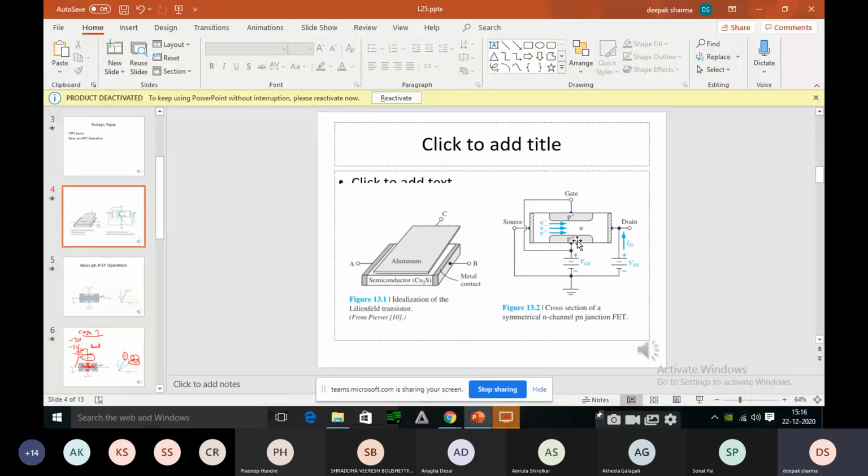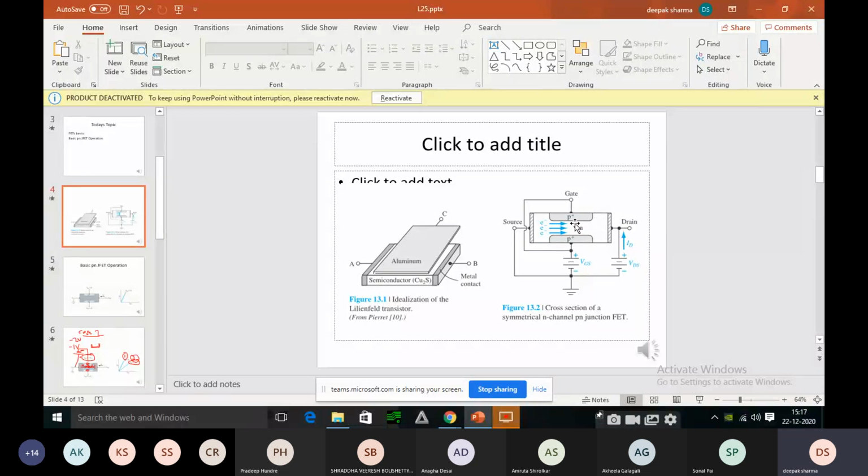If the question is reversed, they may ask you P-channel JFET also. Then everything will be swapped. Swapped means we had taken N-type impurity, there we have to take P-type impurity. And here at the extreme ends, we are doping with the P-type materials. There we'll be doping it with the N-type material, right? So first, let me cover the N-channel. Then I'll tell you what changes have to be done, right?